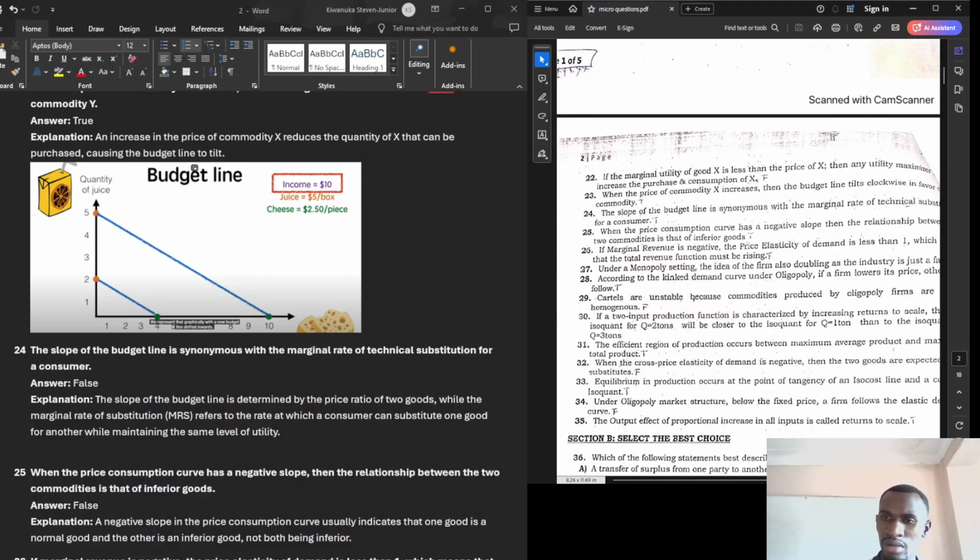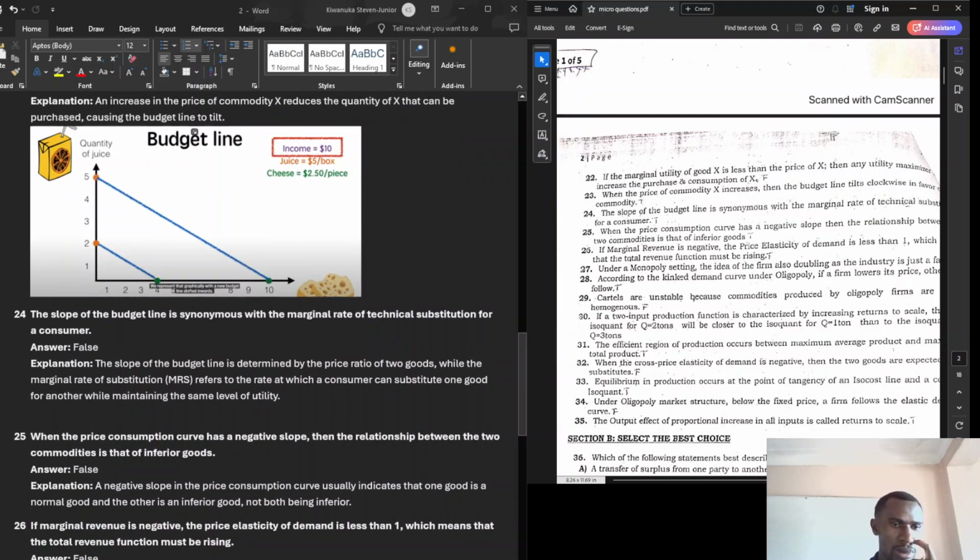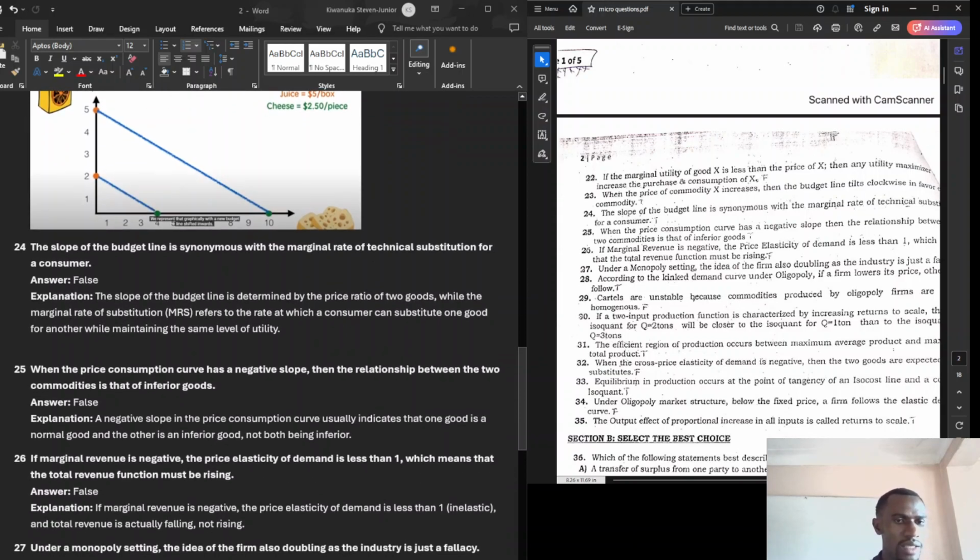If price elasticity of demand is less than 1, that is inelastic demand, which implies that the total revenue function must be rising. We see that that is false. Why? If marginal revenue is negative, the price elasticity of demand is less than 1. When price elasticity of demand is less than 1, it means it is inelastic. The total revenue is actually falling, not rising.